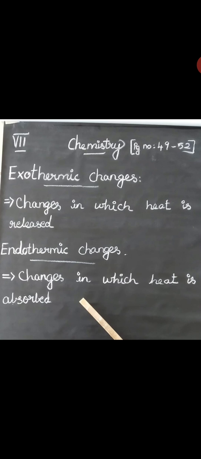Ice absorbs the heat, and only then does it start to melt. Such changes in which heat is absorbed are known as endothermic changes. The dissolution of glucose in water is also an endothermic change.